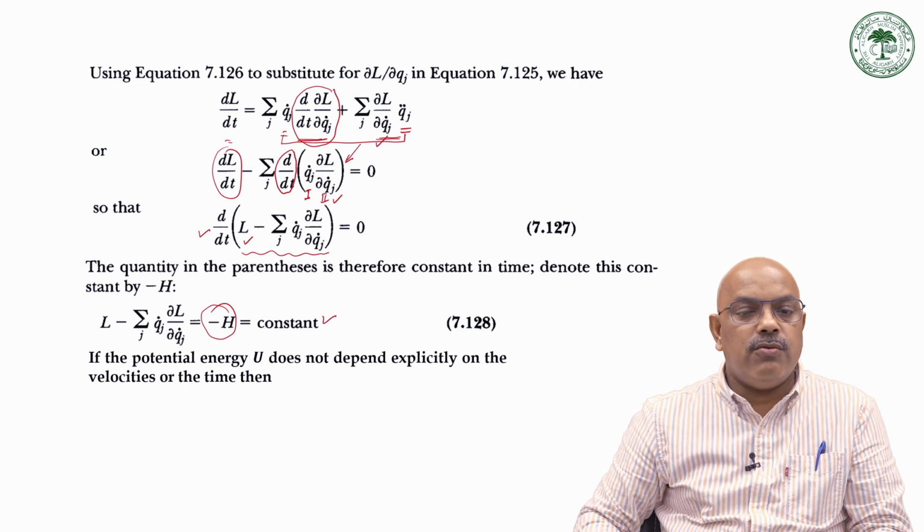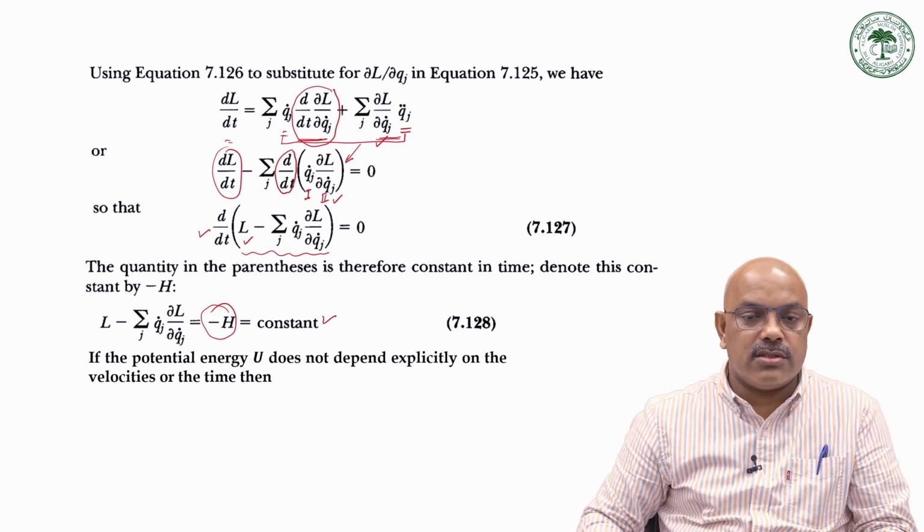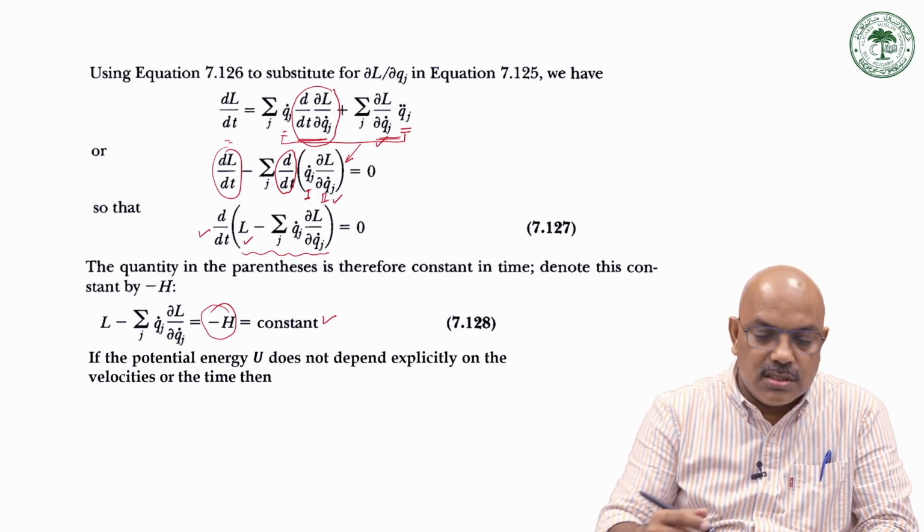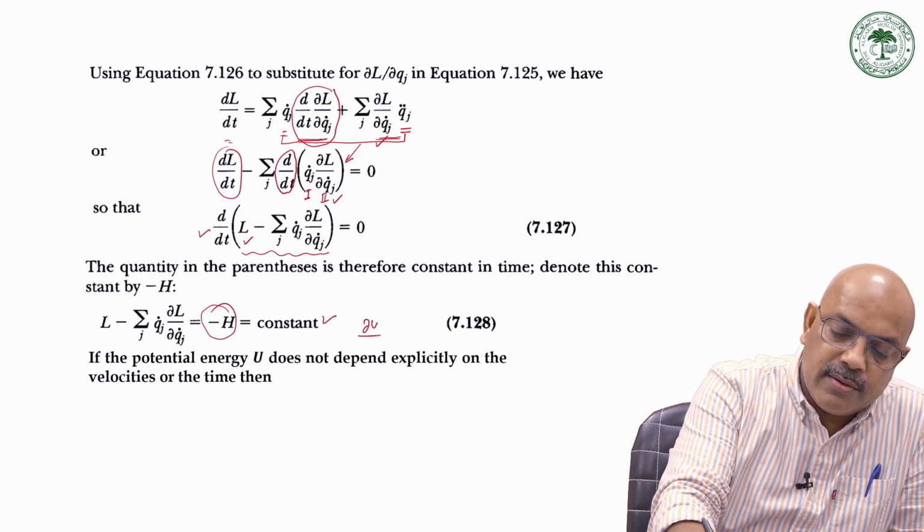And if the potential U does not depend explicitly on the velocity or the time, then ∂U/∂q̇ is going to be 0.